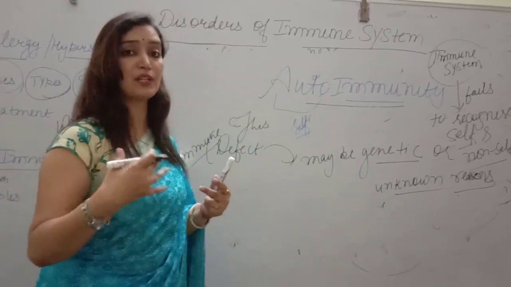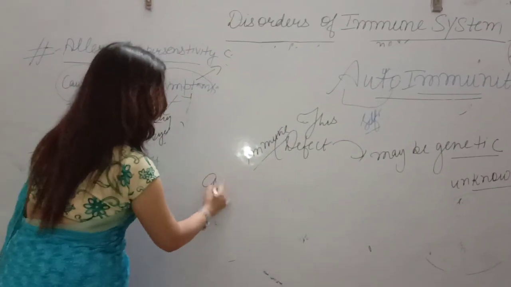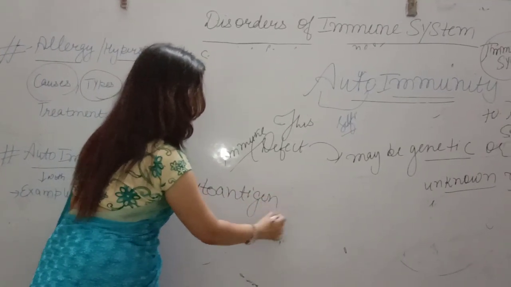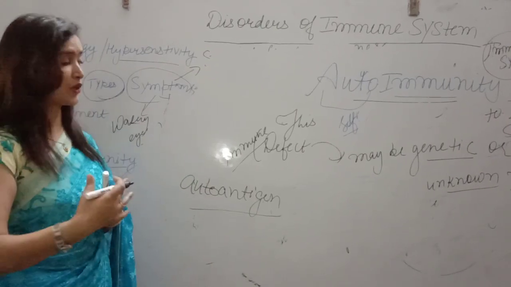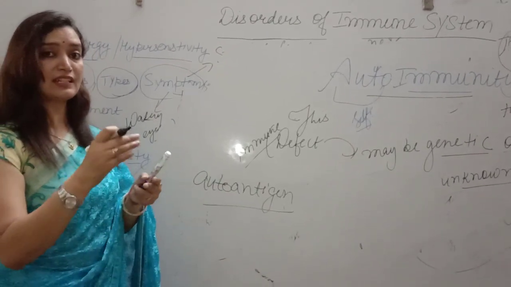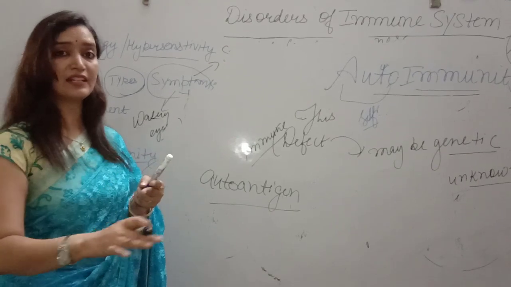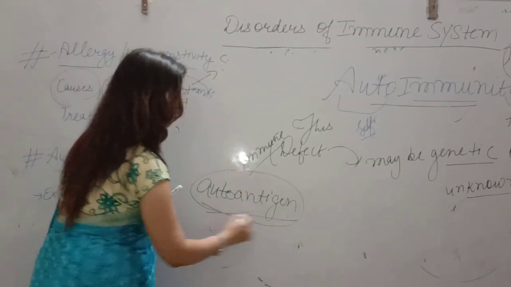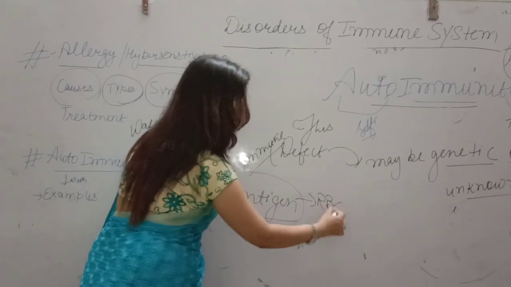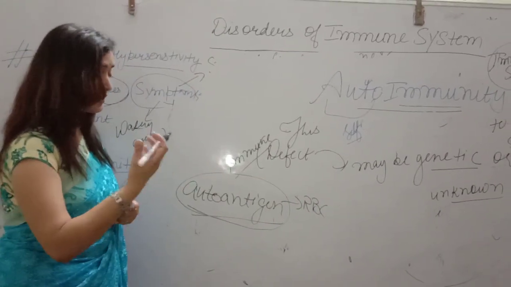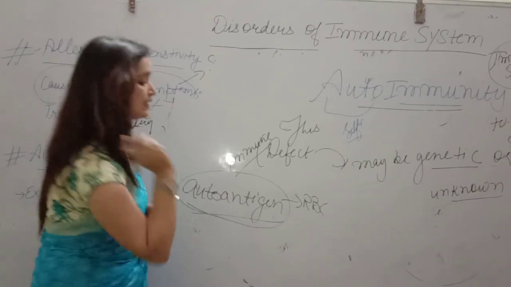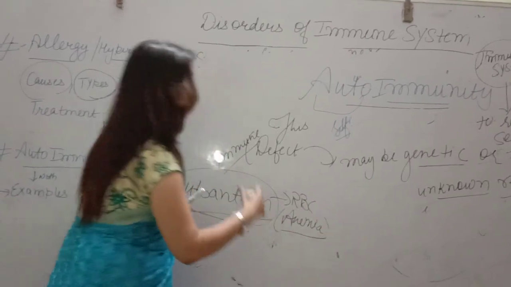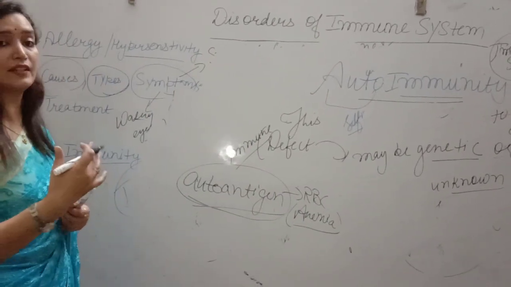These are some examples. As you know, an antigen is a foreign substance that activates the formation of antibodies that specifically eliminate and counter that antigen. So if the autoantigen is RBC, what will happen? The number of RBC becomes less in our body, and that causes anemia, low blood in our body.